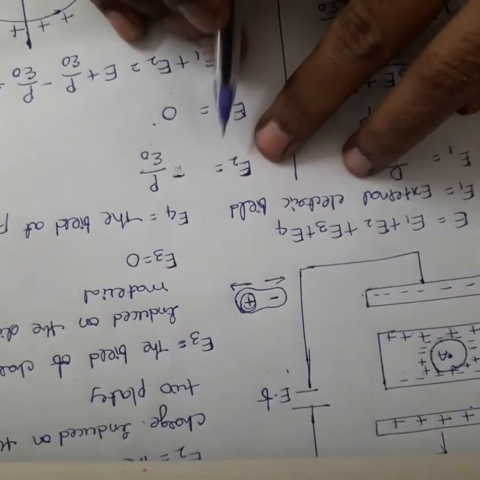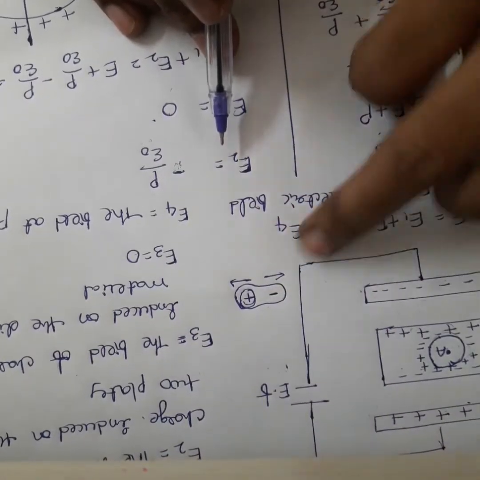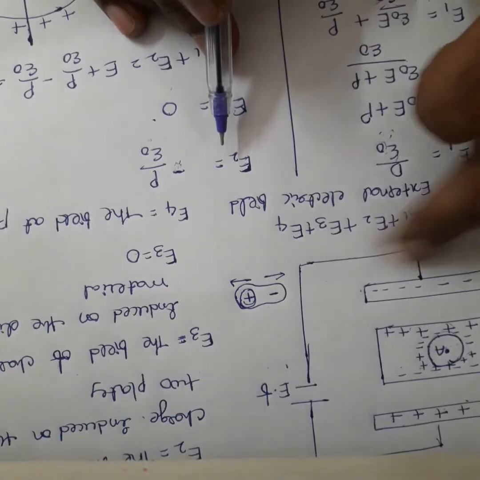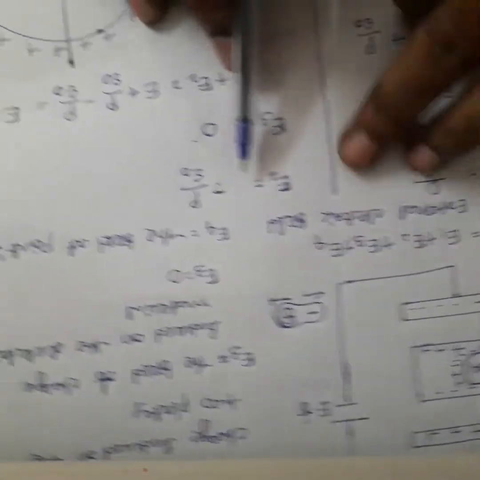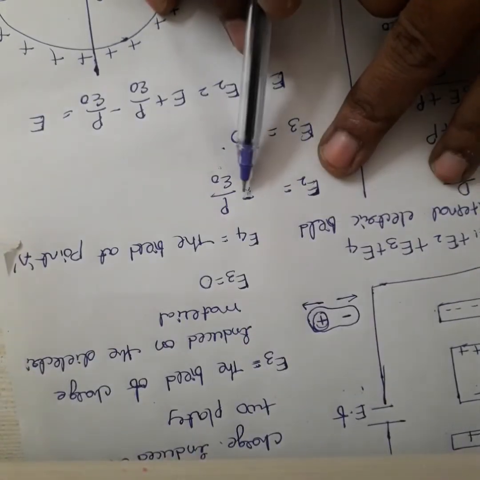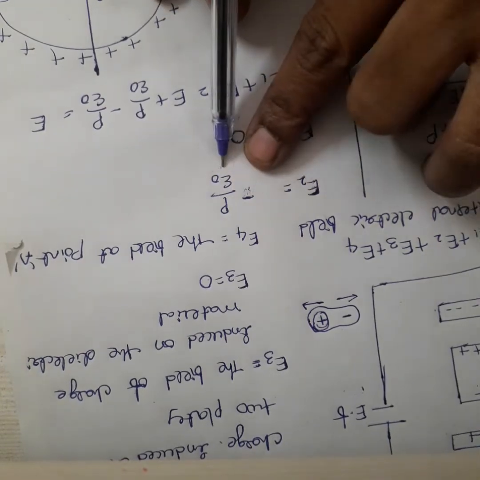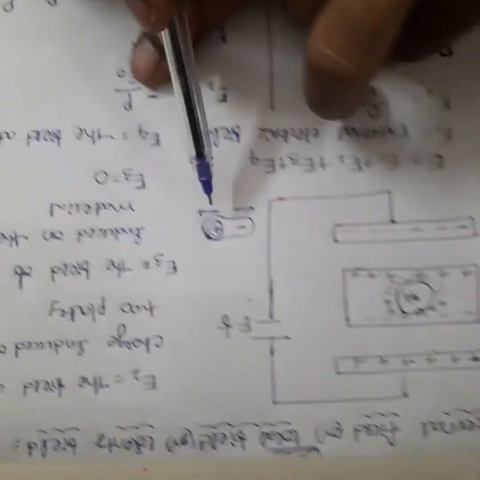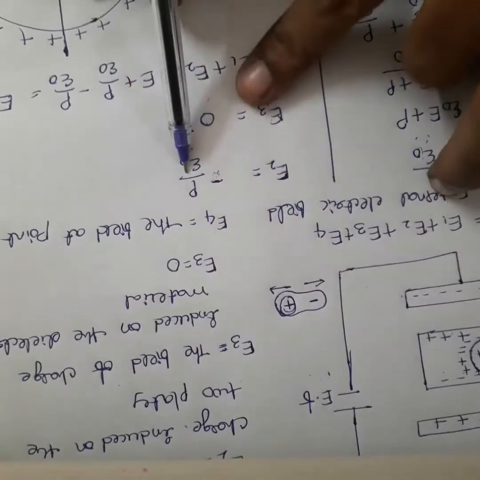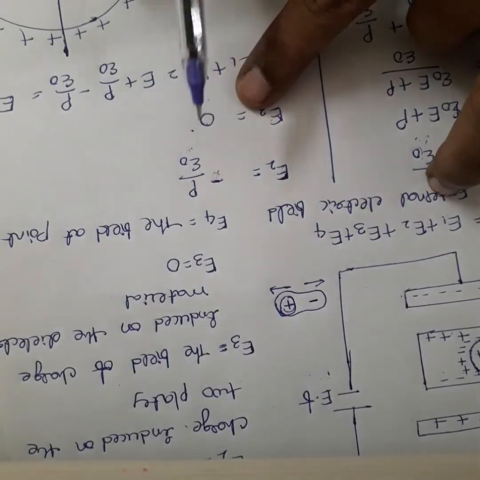So E2 means charge induced, positives and negatives get induced in opposite directions. So here E2 we are taking as minus P by epsilon naught. P is the polarization vector after polarization. E2 is equal to minus P by epsilon naught.